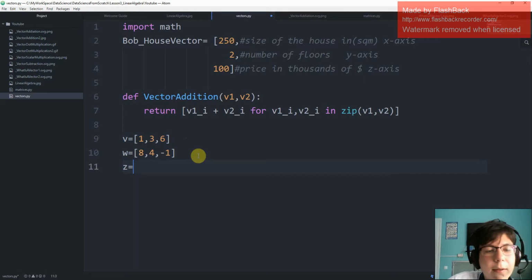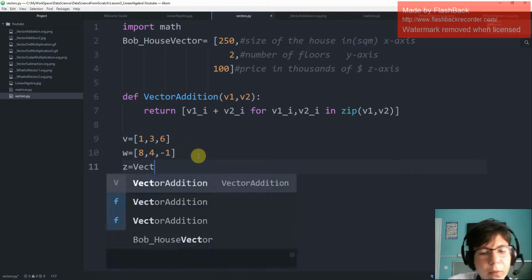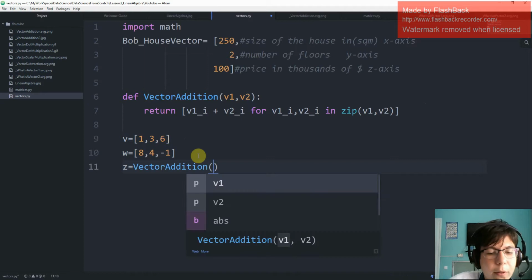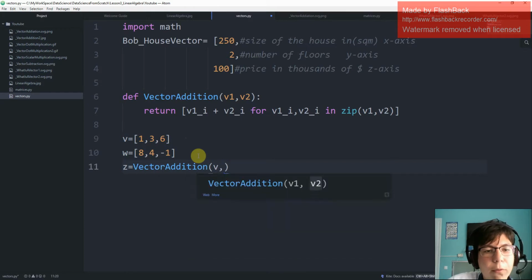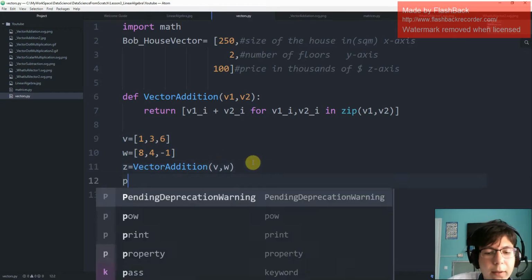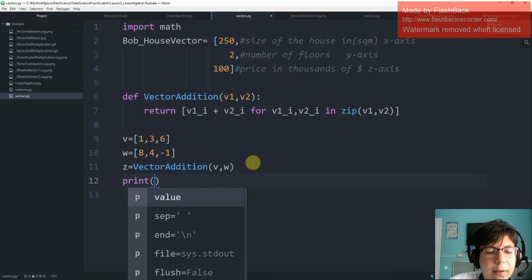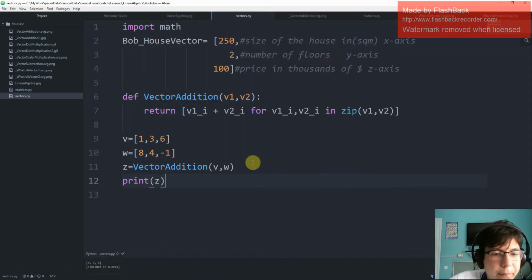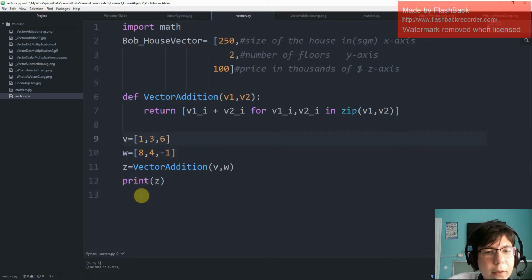So let's define a vector z, which would be equal to the sum of v and w. And let's print our new vector z. As you can see, the vector z has the following values: 9 because 8 plus 1 makes 9, 7 because 4 plus 3 makes 7, and 5 because 6 and minus 1 makes 5.